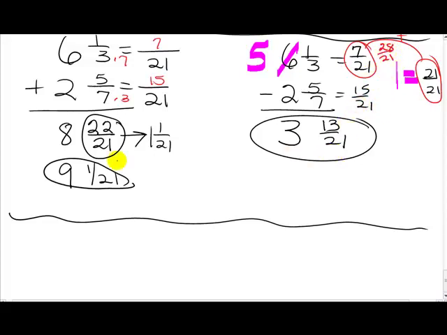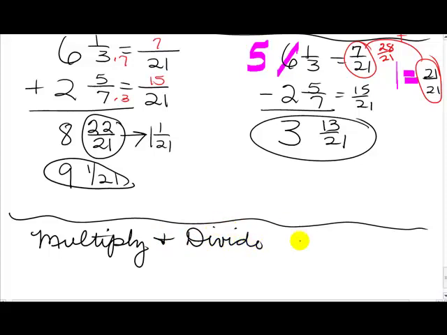All right, let's look at how we're going to multiply and divide. We're going to do fractions and then we'll do mixed numbers.